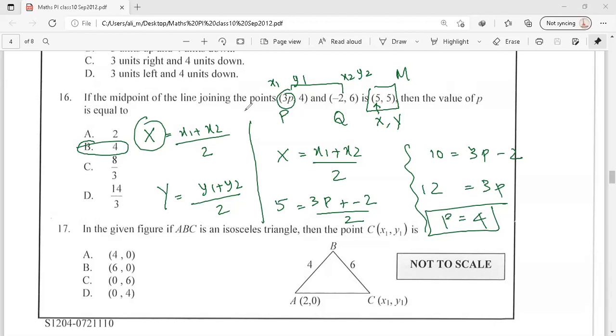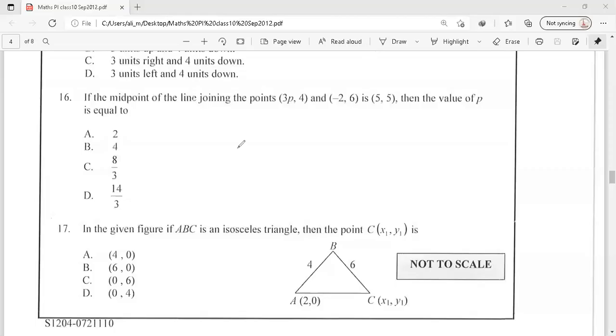Then question number 17, in the given figure, if ABC is an isosceles triangle, we have to identify the coordinates of point C. If this triangle is isosceles, this means that AC will be equal to AB, or AC will be equal to BC.